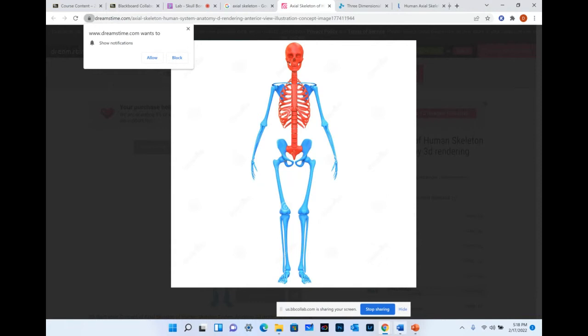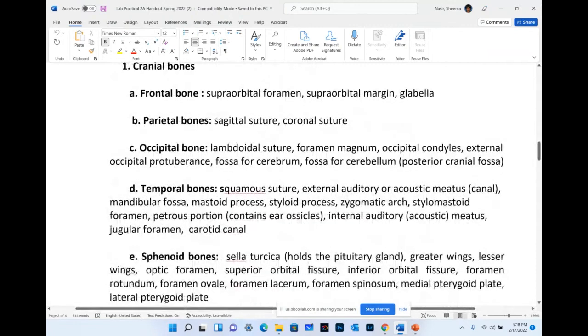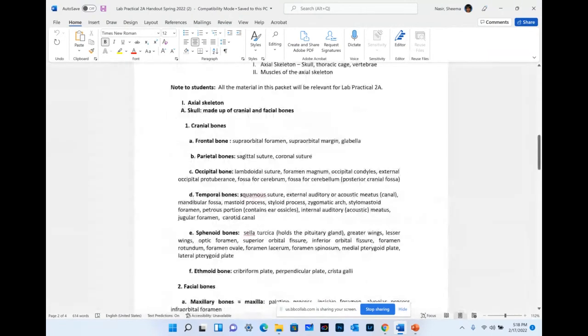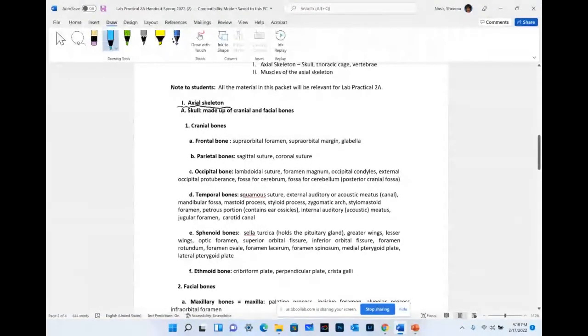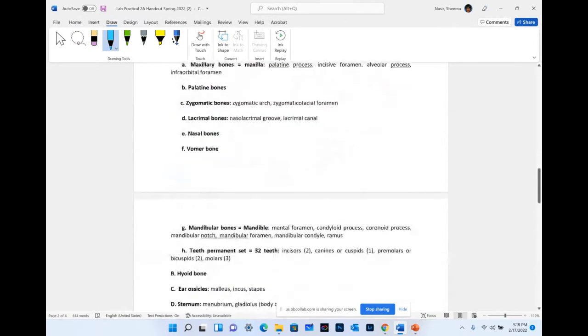So what are we doing today? We are going to do the skull. And in the skull we are going to do cranial bones and facial bones.